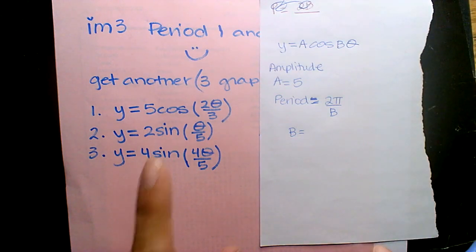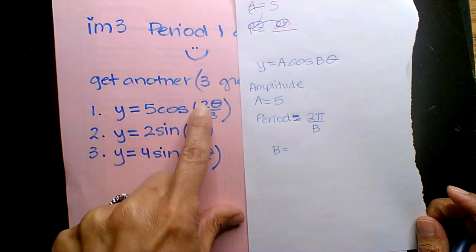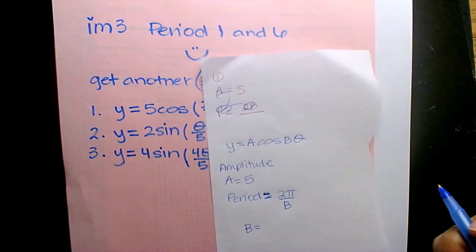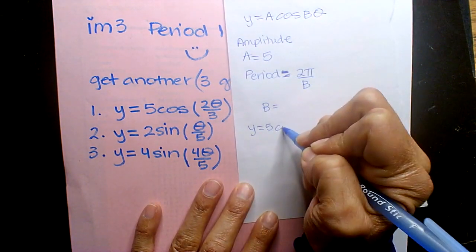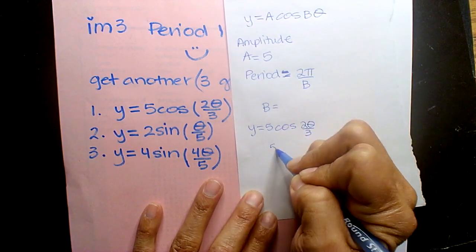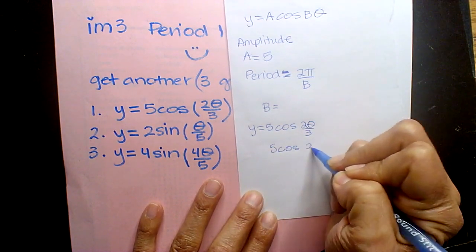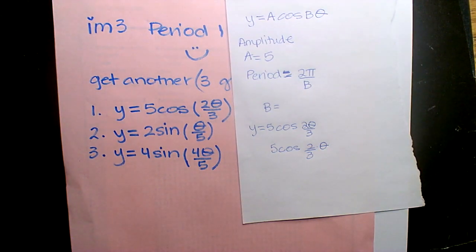Okay, look, you guys, be super extra. If you see 5 cosine 2 theta over 3, it's really 5 cosine 2/3 theta, right? So what's your b value? 2/3.